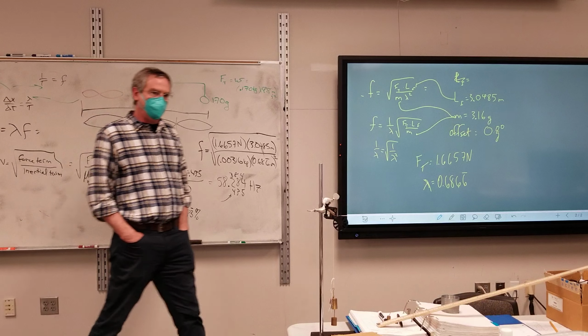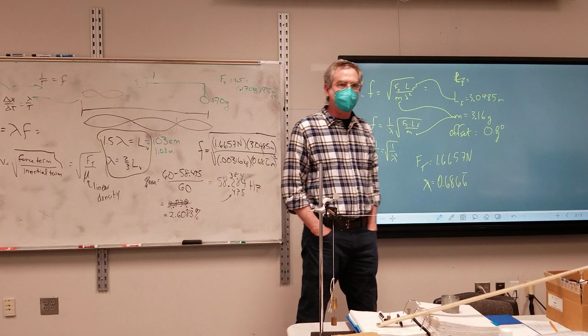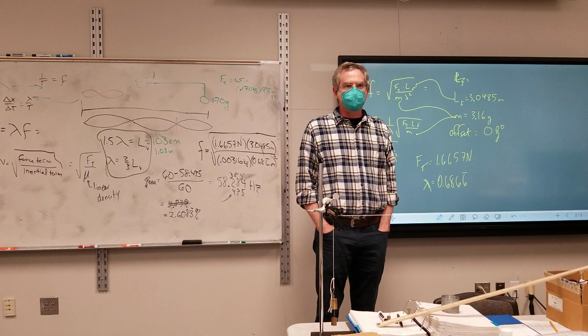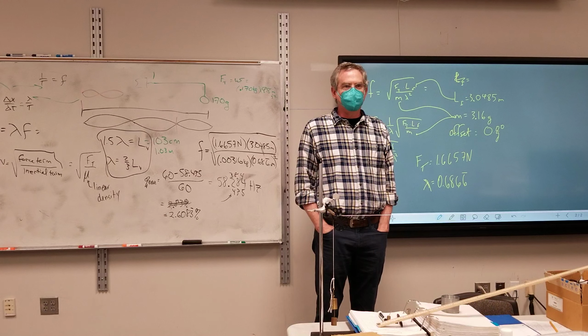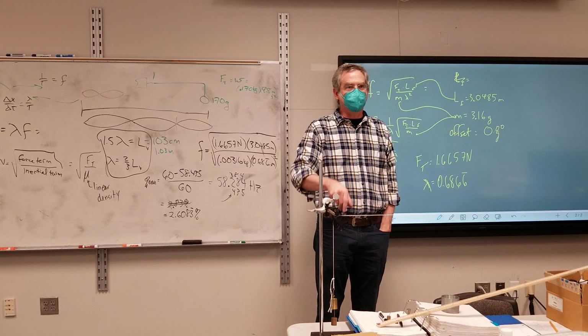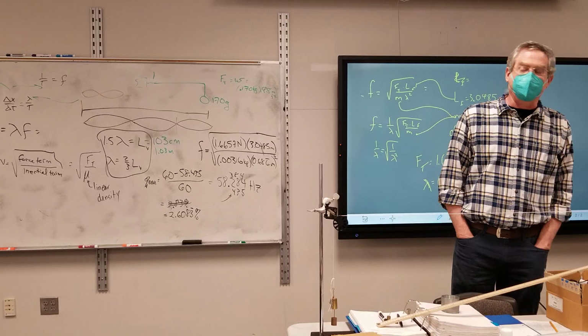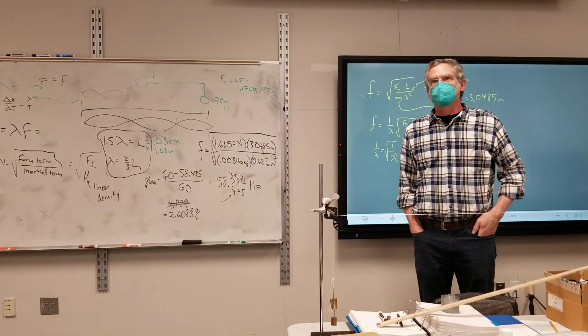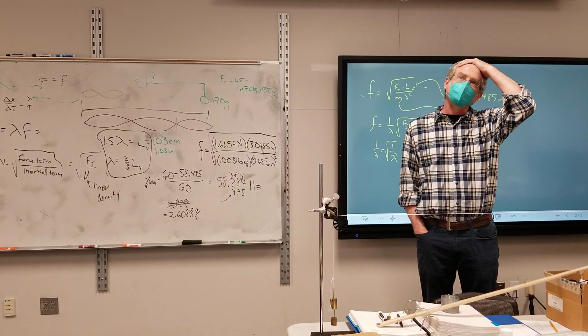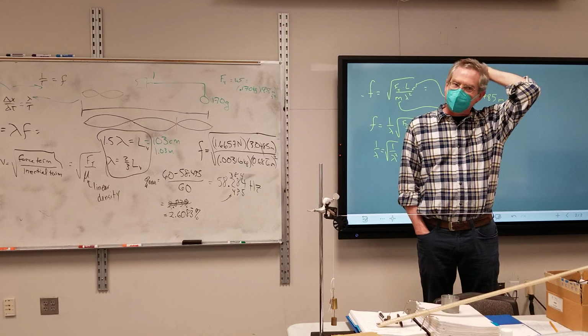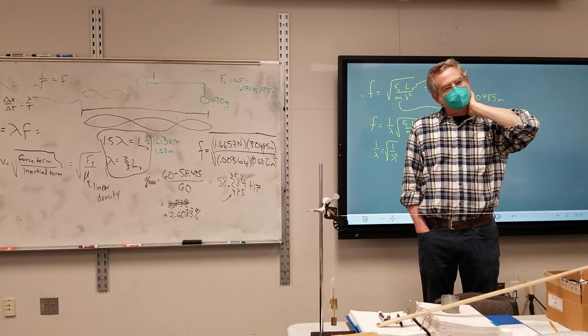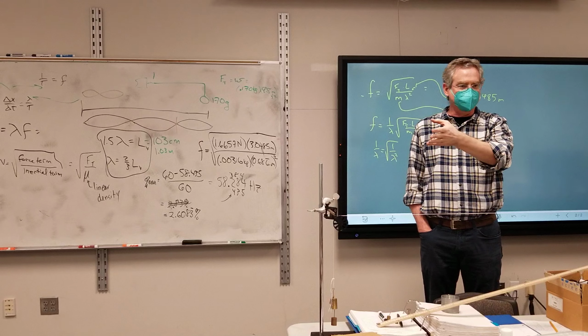Yeah, Chance? Does the length of it not change when it's oscillating? Like, wouldn't that make the string? That's not the issue you're looking for. Yeah, I mean, all the derivations I've ever seen really don't take that into account. They say that the length of the string is pretty much that.